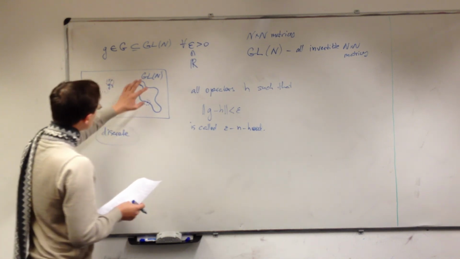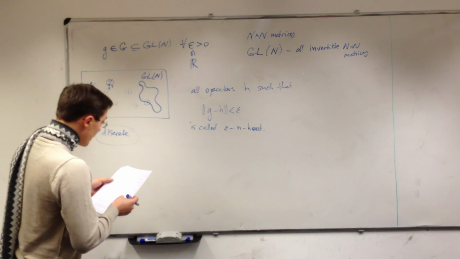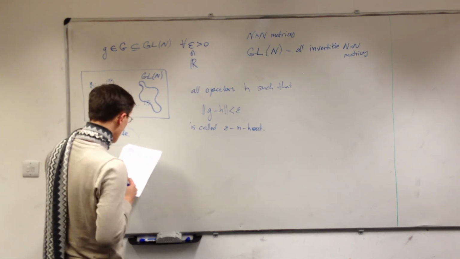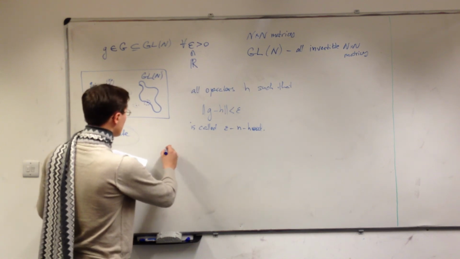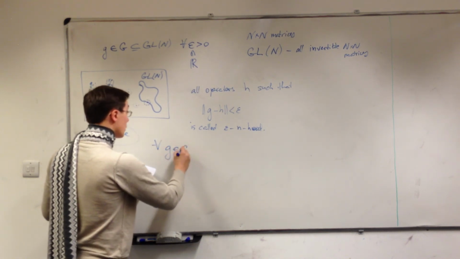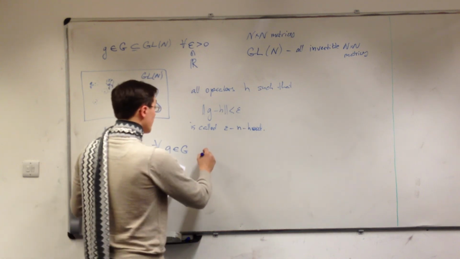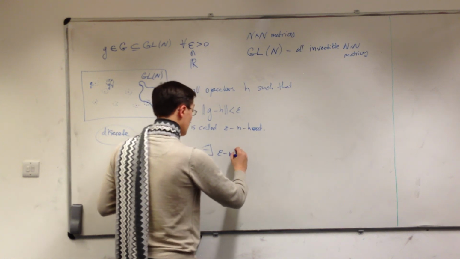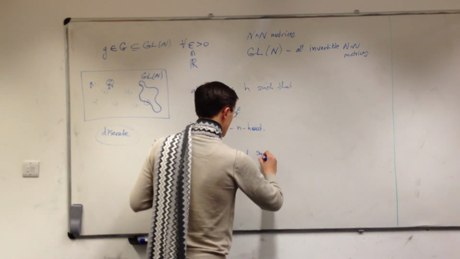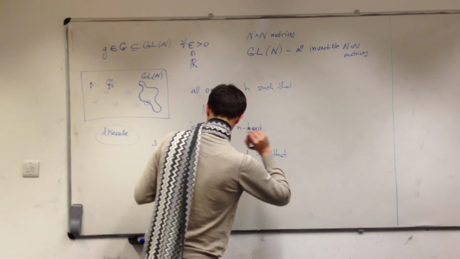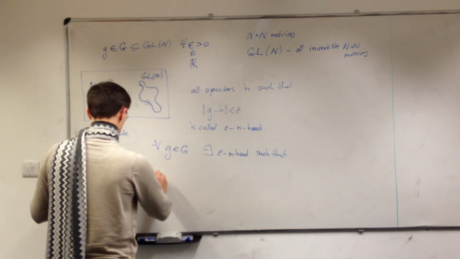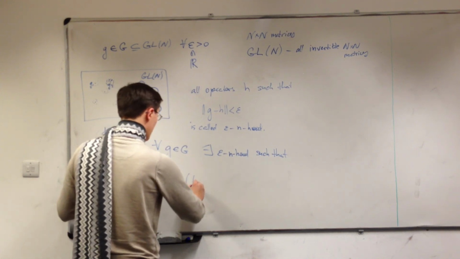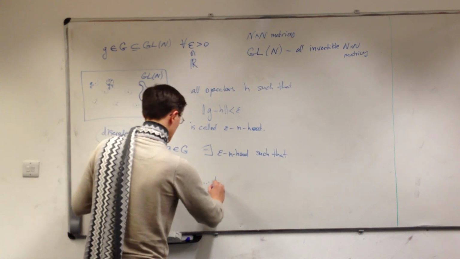So a group is called a continuous group or a Lie group when for each operator, so for each G belonging to the group, there exists an epsilon neighborhood such that there exists an operator valued function, G, of several parameters, T1 all the way to Tk.